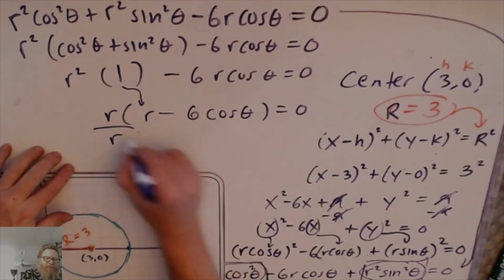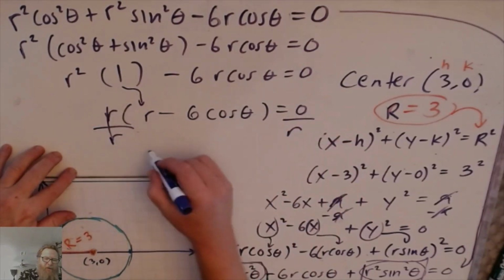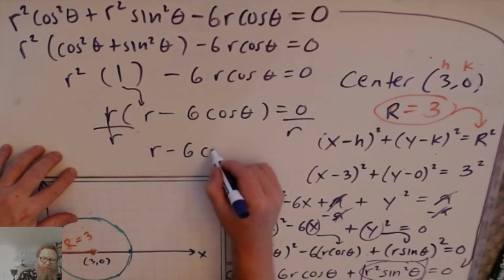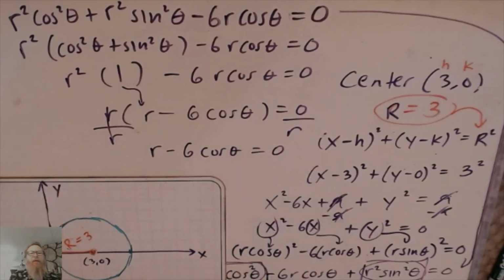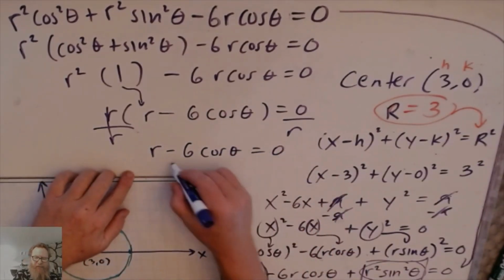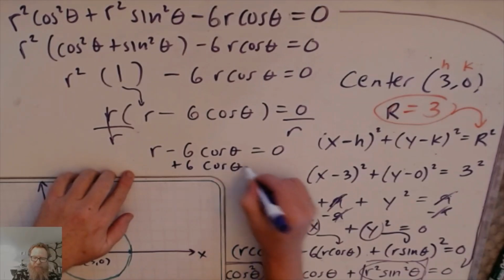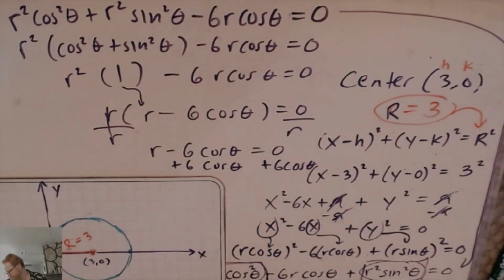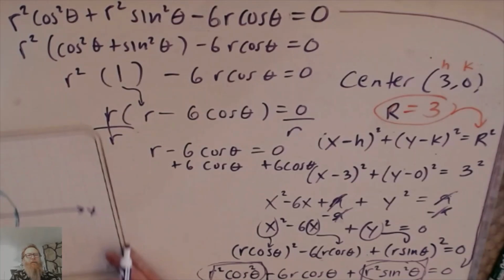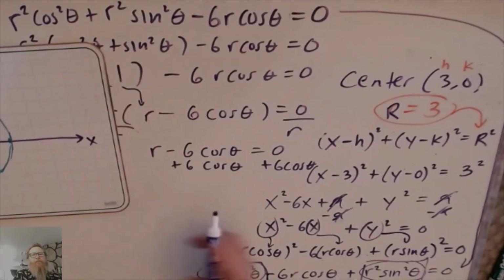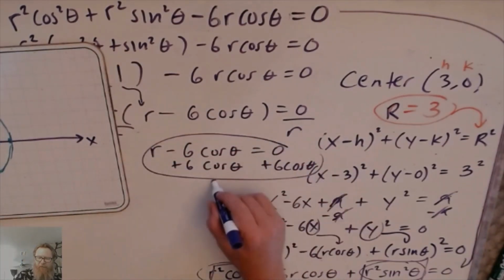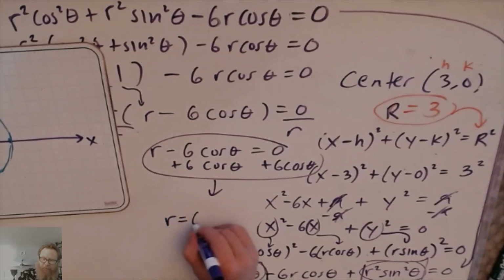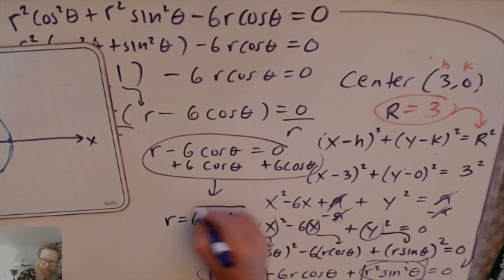Now I'm going to divide both sides by r and solve this. And we're done. So we solve this equation here, and we get r equals 6 cosine theta.